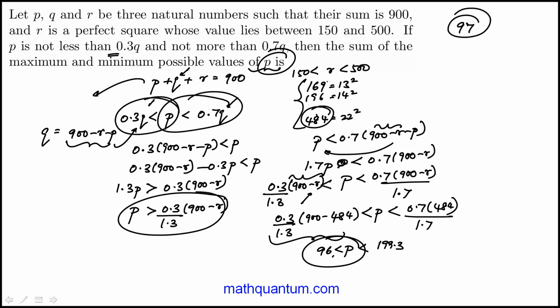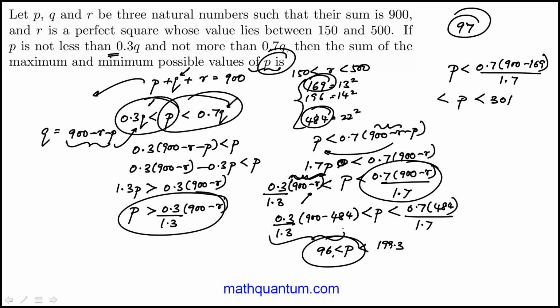Now I look at the other extreme where R is 169. In that case, 900 minus R would be as large as possible, and this would give you the upper limit. So if I replace R here with 169, and I compute 900 minus 169 times 0.7 divided by 1.7, I get 301 here.